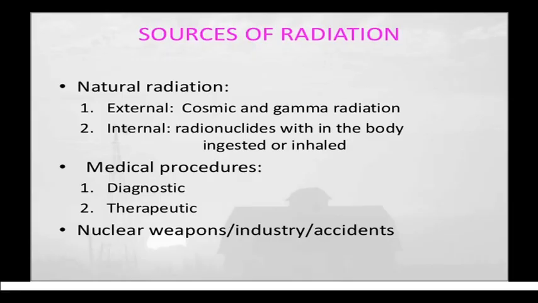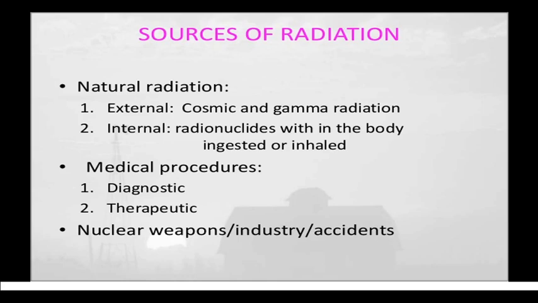Now, which are the sources of radiation? Sources can be natural, which includes external radiations as well as internal radiations. External radiation means, we know that cosmic radiation is coming from outer space, isn't it? So it's an example of external radiation.